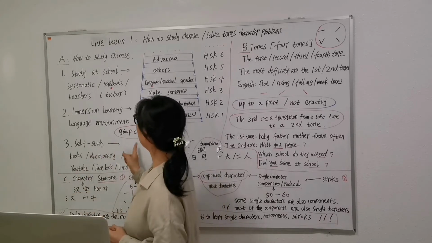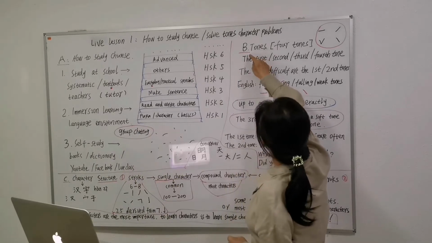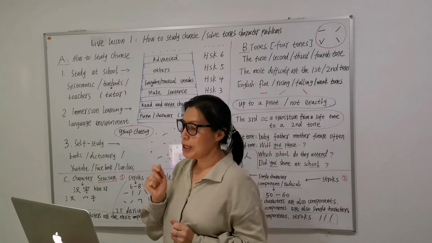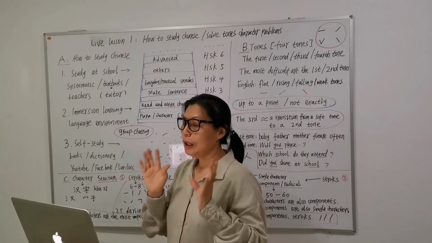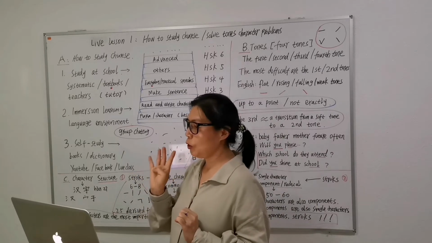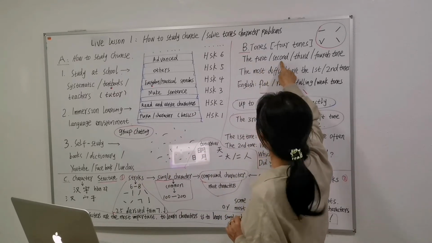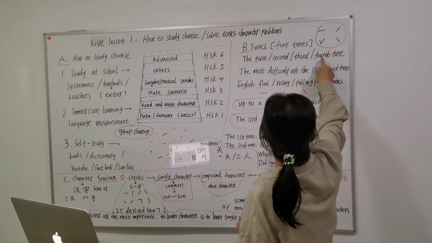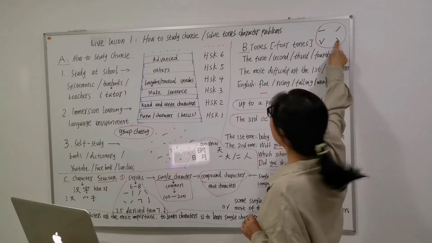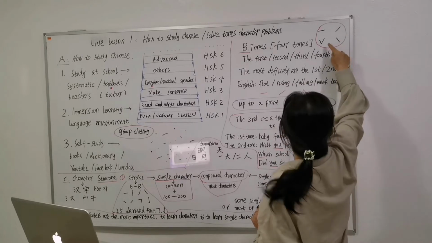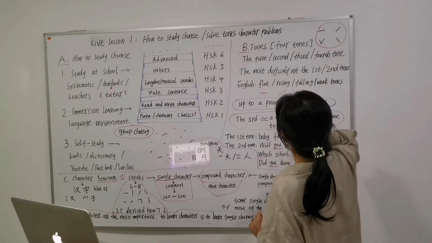Okay, this first. B. Tones. You know Chinese pinyin has 4 tones. The first tone, the second tone, the third tone, the fourth tone. Here are the marks. First tone, second tone, third tone, fourth tone.